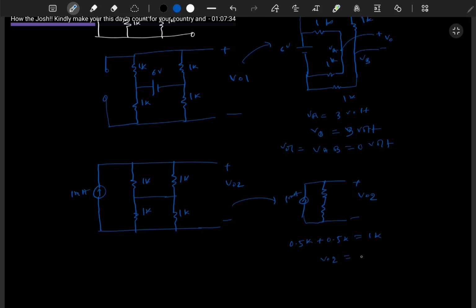So V02 equal to 1 volt. So answer is 1 volt only.